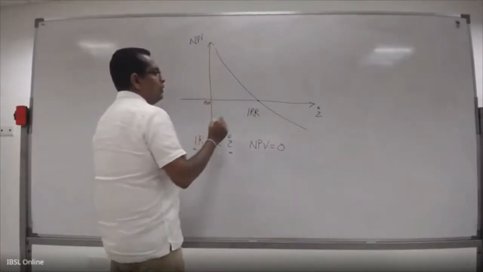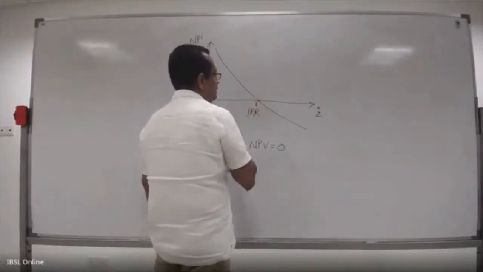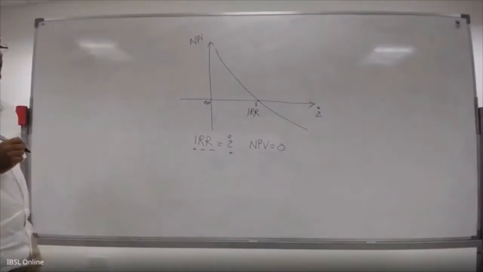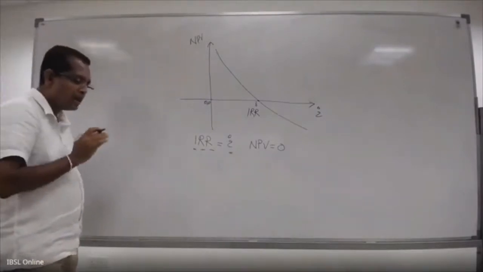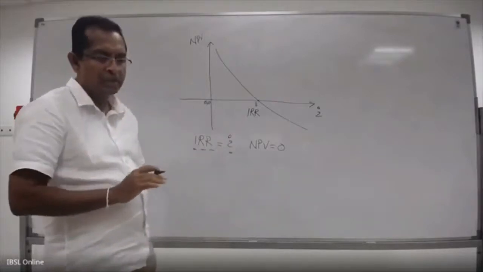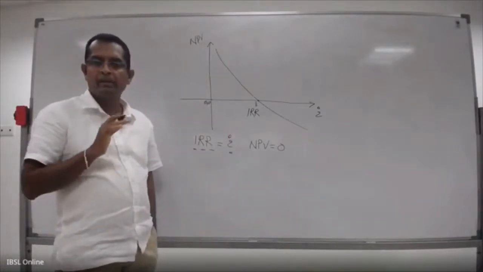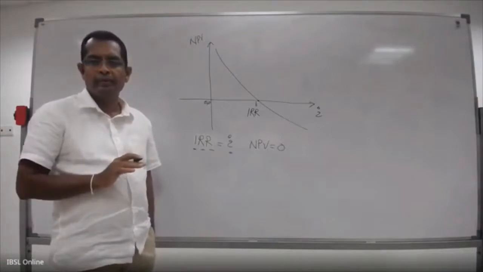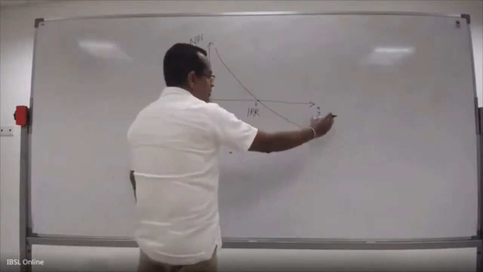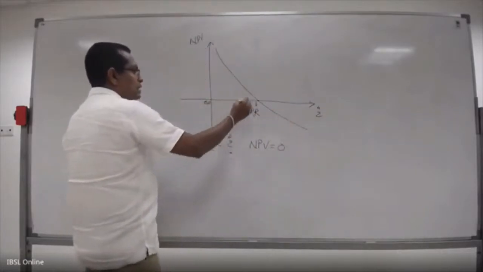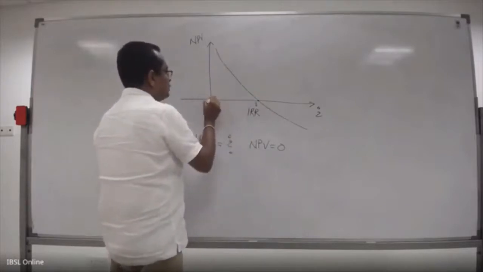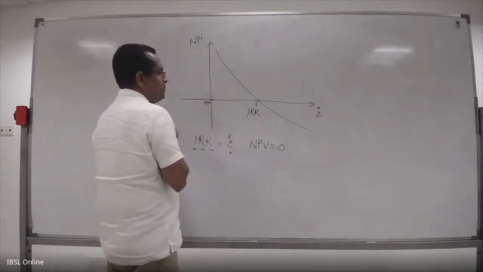We want to find out this interest rate, which is called the IRR. IRR is the interest rate, or discount rate, at which NPV equals 0. Right? This is the diagram. You have NPV, you have the interest rate or discounting rate, and you have a 0 NPV rate. So this is your 0 for NPV. So we are going to find out this one.